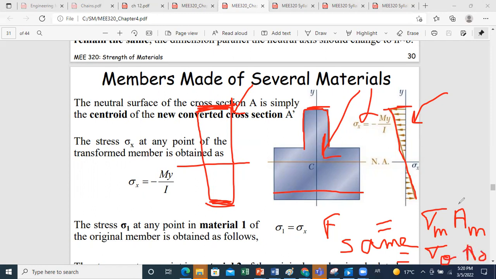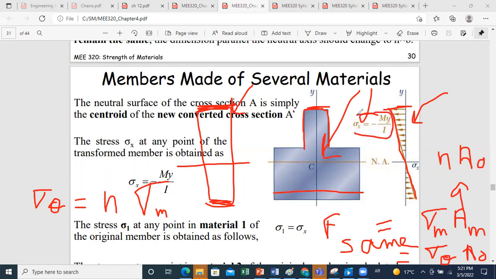And since A modified is equal to n times A original, I can deduce that sigma original should be equal to n times sigma modified. I can calculate sigma of the modified section based on the previous formulation using sigma x equals minus My over I, where I represents the inertia of the modified section about the neutral axis.